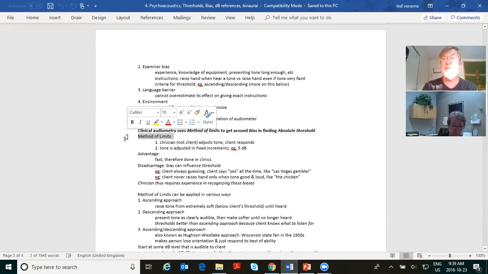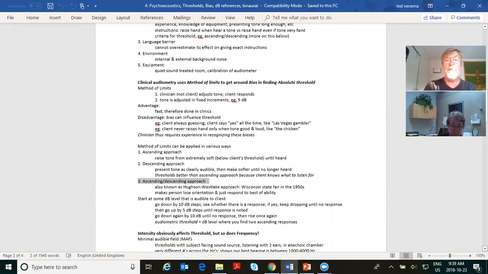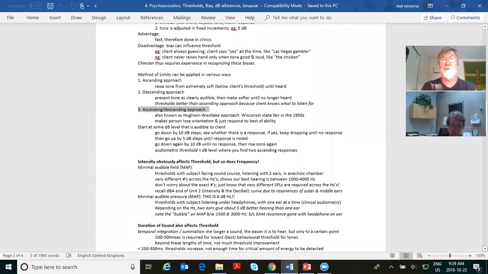Both of those things define the method of limits. And how do we do the method of limits? We use the ascending-descending approach, the Hughson-Westlake approach. So have those definitions down. That's very important, okay?